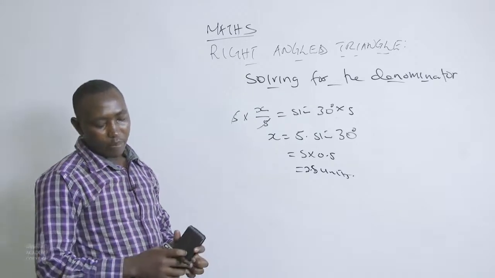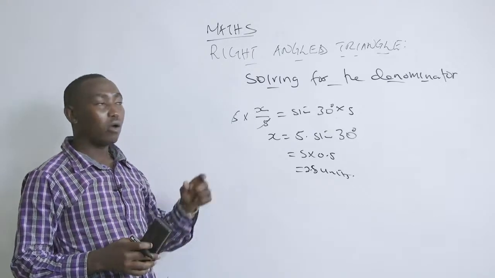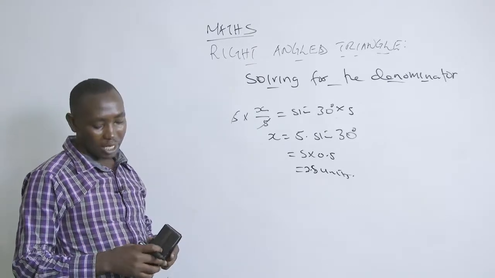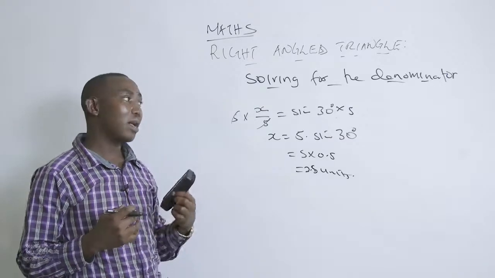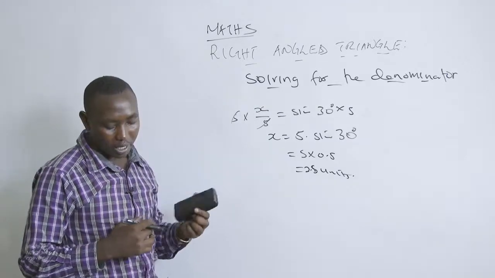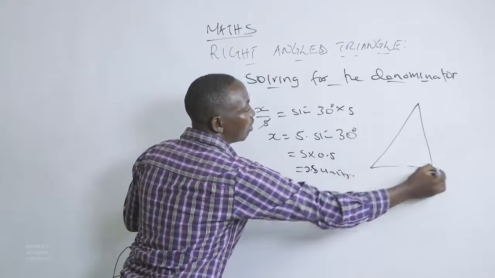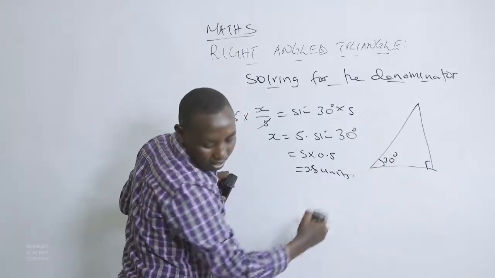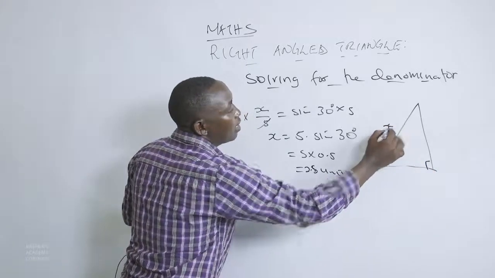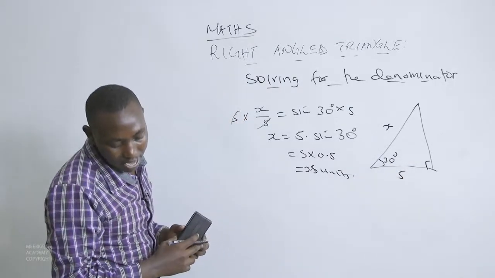Now again, depending on the position of that pronumeral on the sides of that particular triangle, you can be asked to find that particular unknown, or the pronumeral. Like in this case, if this is a right angle triangle, that being 30 degrees, that being x, and this one being 5.